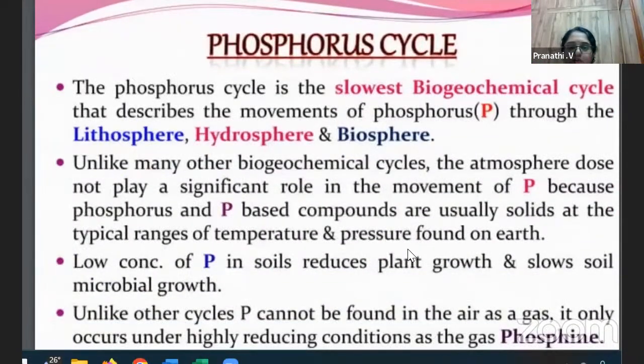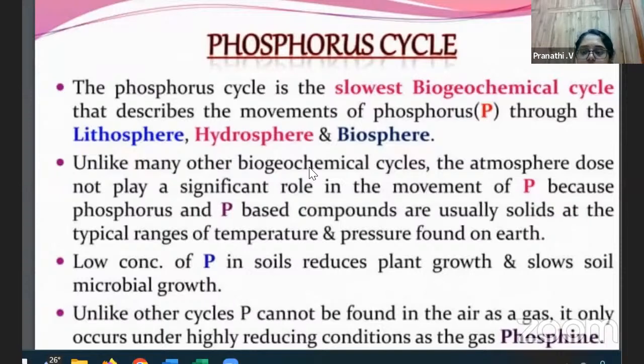Now, let us just have a look at the phosphorus cycle that is present. It is one of the slowest biogeochemical cycles, which is being done by the lithosphere, hydrosphere, and the biosphere. So over here, the atmosphere does not play a significant role in the movement of phosphorus because they're usually solids at normal temperature and normal pressure found on the earth.